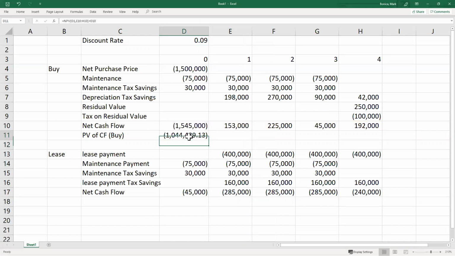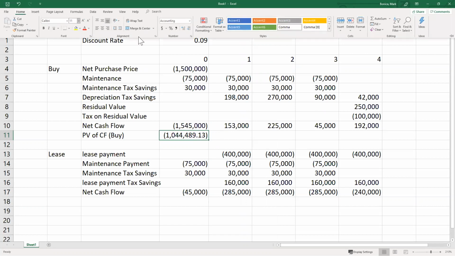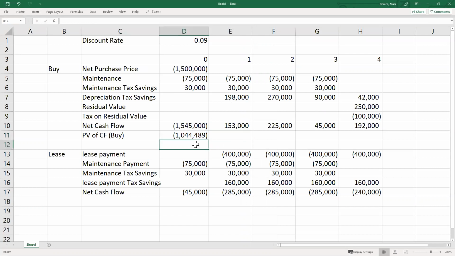And so we have a negative 1,044,000. That makes it look a little neater. Present value of cash flows for purchase. And I'll just copy this down here and change it to present value of cash flows for leasing.